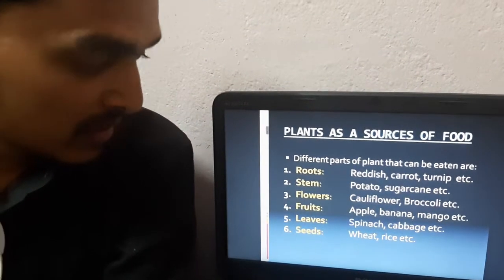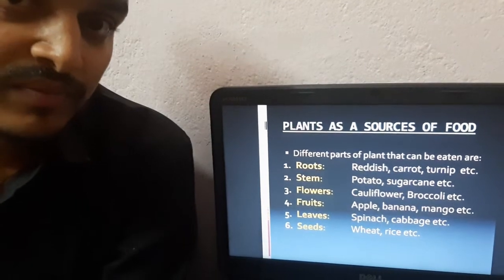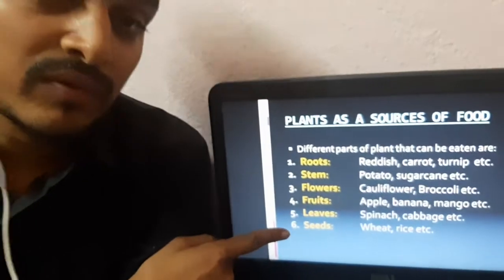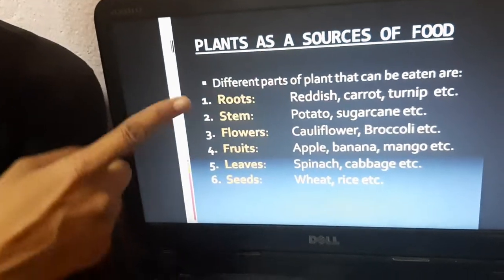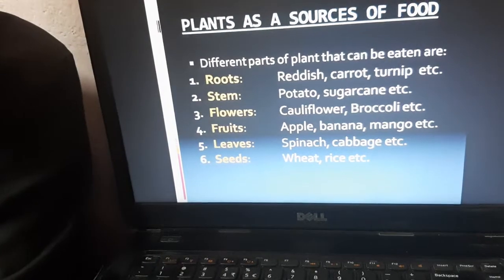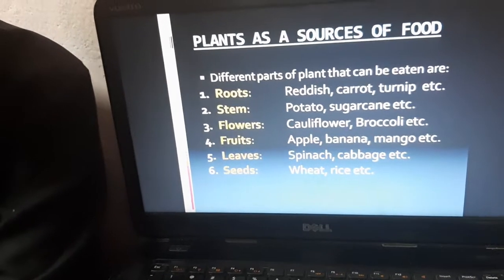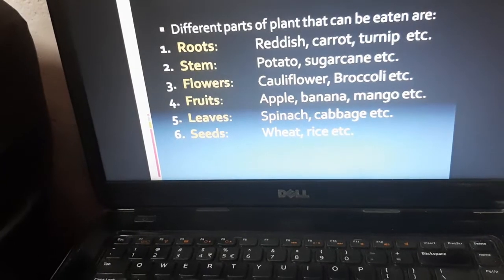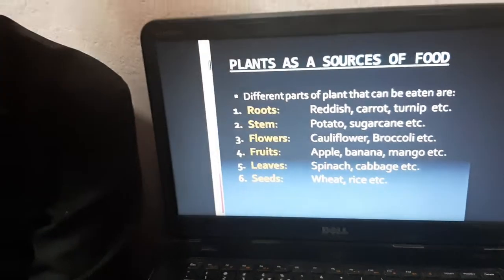Fruits, leaves, seeds: most of the seeds of plants we use as a source of food, like wheat, rice, some kinds of cereals, millet, jowar. These are the seeds that we use as food material.